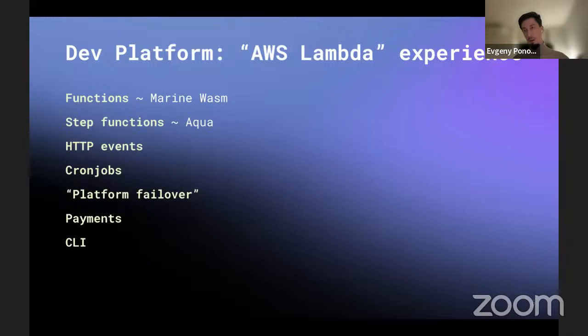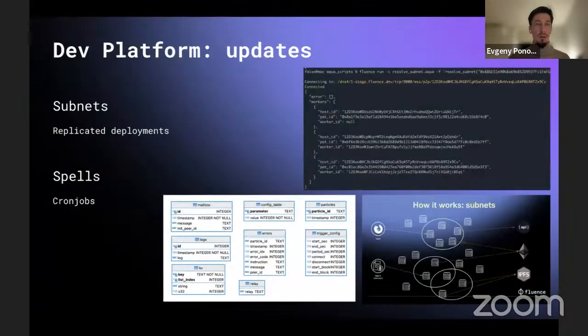So let me give you an update on basically all of it that happened in the last year. First of all, on the dev platform, in spring and summer this year, we released spells and subnets. Spells is our name for the ability to have periodical execution of functions.